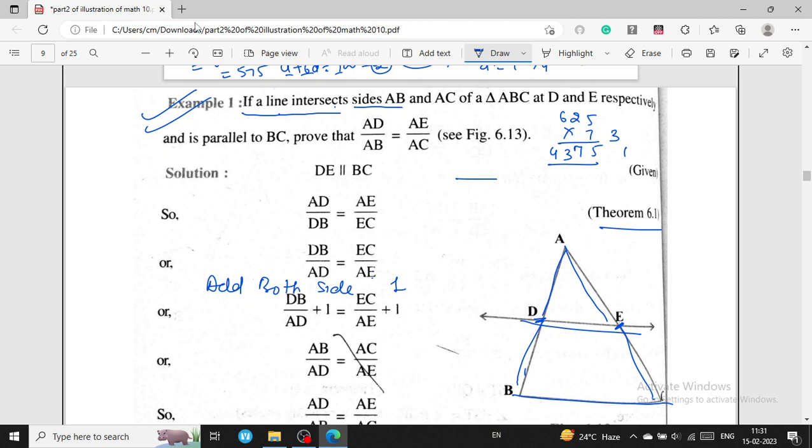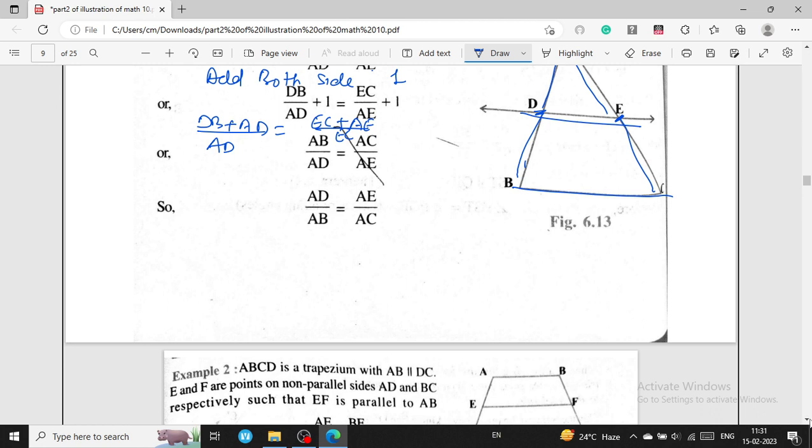DB over AD plus 1 is equal to EC over AE plus 1. When we take LCM, DB plus AD over AD is equal to EC plus AE over AE. Now you can see DB plus AD is AB, so AB over AD is equal to EC plus AE, that is AC over AE, and it will be proved when we reverse it.